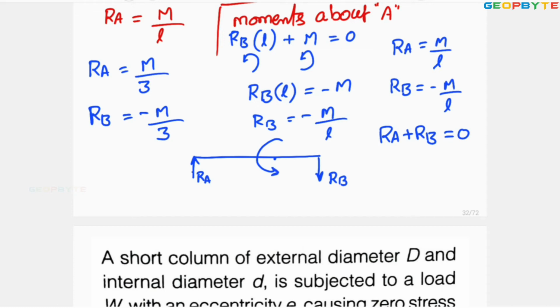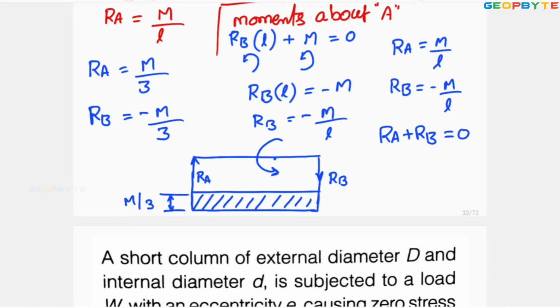Now the shear force diagram is coming like this. This is how the shear force diagram is looking, with a magnitude RA. With a magnitude RA means the shear force is equal to M by, this value is equal to M by 3. So this is the shear force diagram.